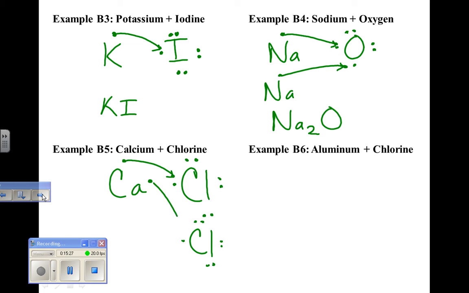Okay, one more for ionic bonding. Aluminum and chlorine. Well, I shouldn't have drawn them like that. Let me fix this. Okay, aluminum has how many? It's in group 13, so 1, 2, 3. Chlorine for the millionth time has 7. Okay, so aluminum's going to put 1 here. What do I need?